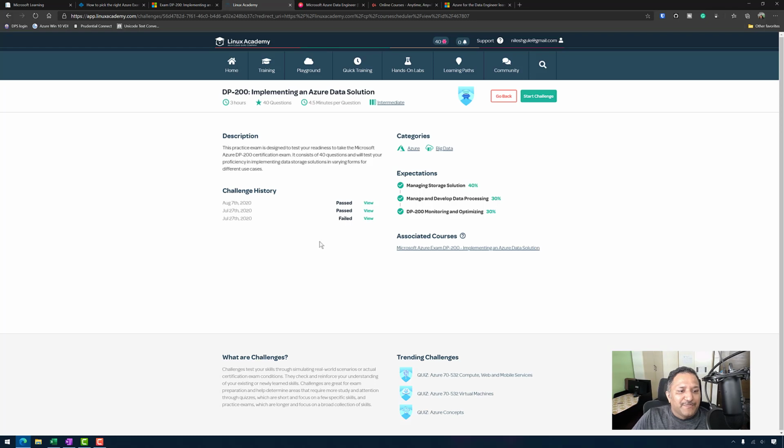So that's why I feel that the questions which are listed in this sample test here are, I would say, easy to medium level of complexity, whereas the ones which come in the actual test are of slightly higher complexity. So that's why it's very, very important to have the actual hands-on experience so that you know which steps and in what order they need to be followed.